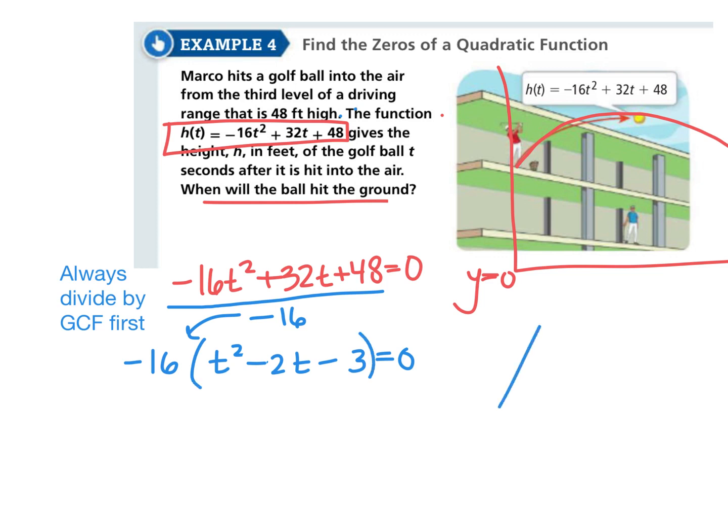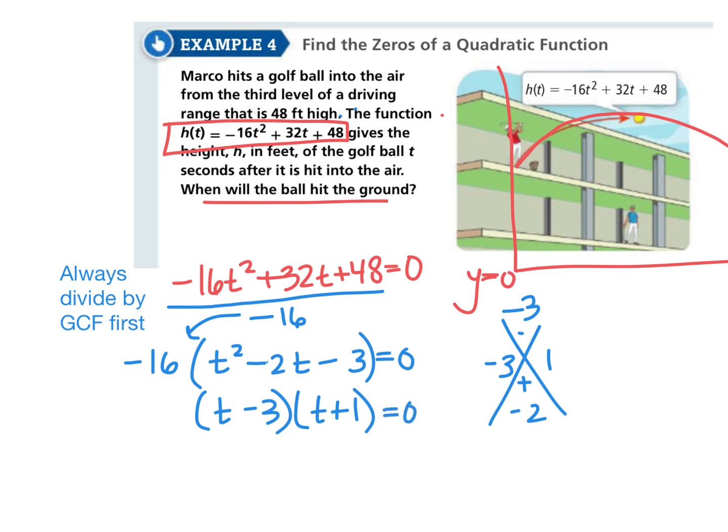All right, now I'm going to, again, do my trinomial factoring. 2 numbers that multiply to give me -3, add to give me -2. Those numbers are -3 and 1, so t minus 3 and t plus 1. Again, this equals 0, so I'm going to set my different pieces equal to 0.